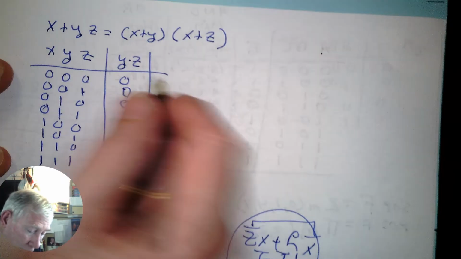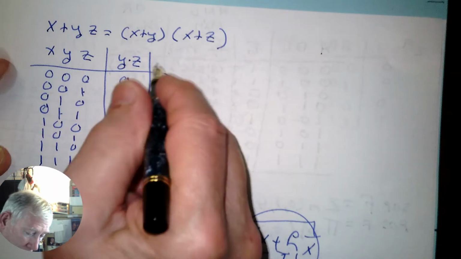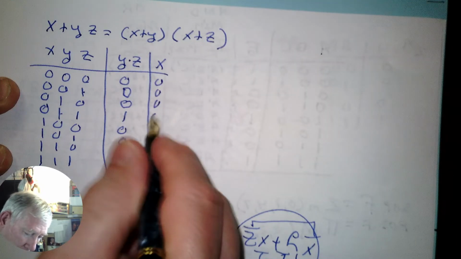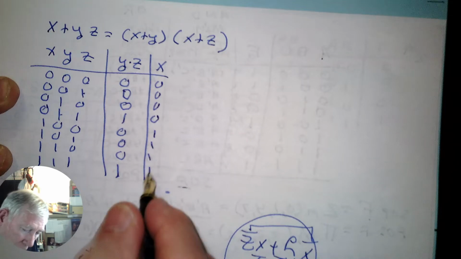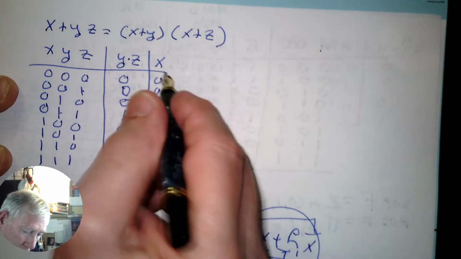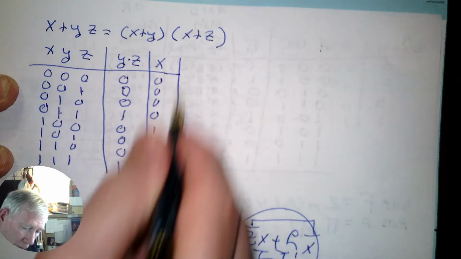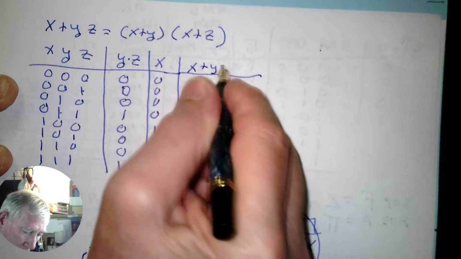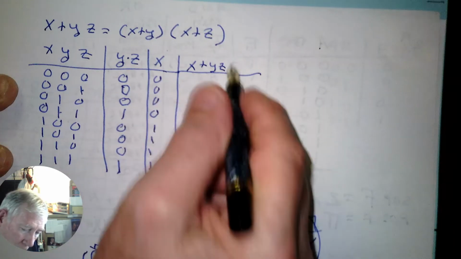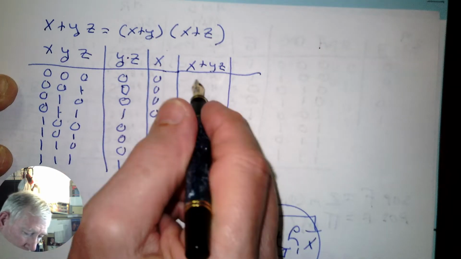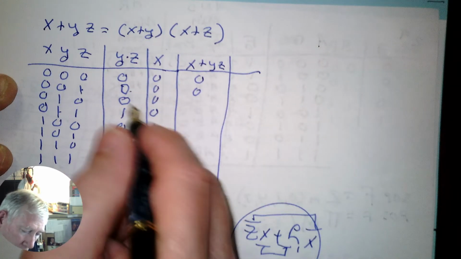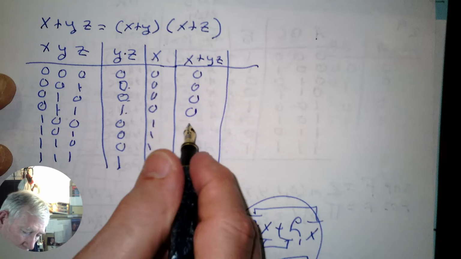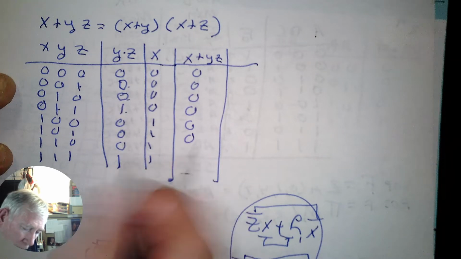Then I'll put the x term in here, and we're going to OR those together. This side, x plus yz, is just ORing these. 0 ORed with 0 is 0. 0 ORed with 0 is 0. 0 ORed with 0 is 0. 0 ORed with 1 is 1.